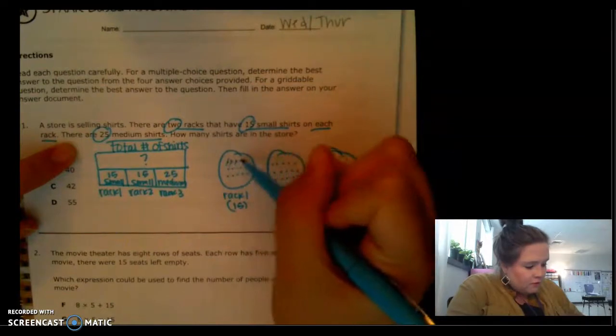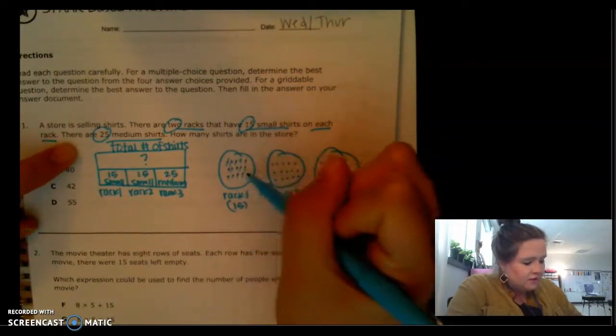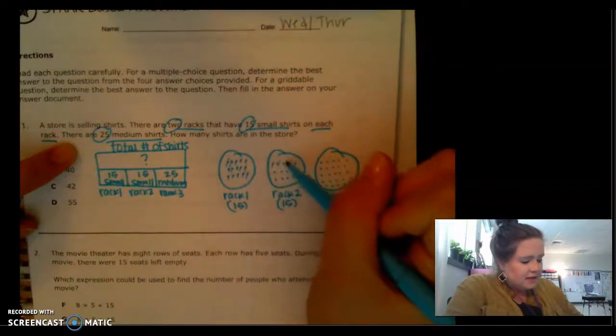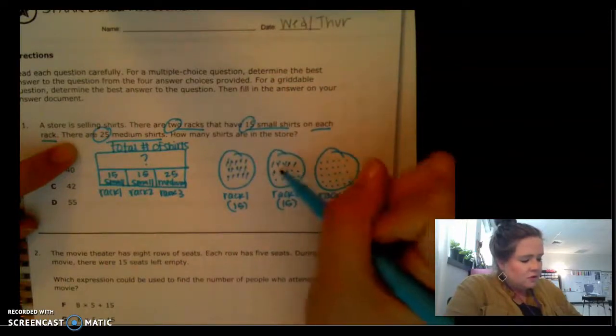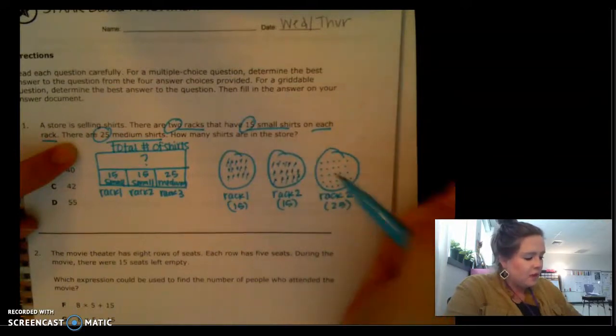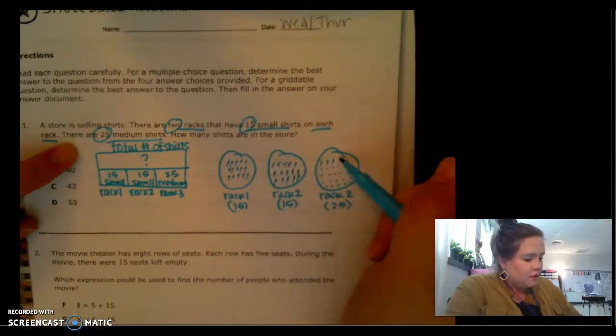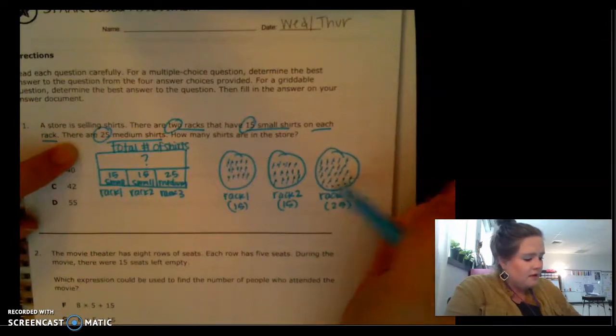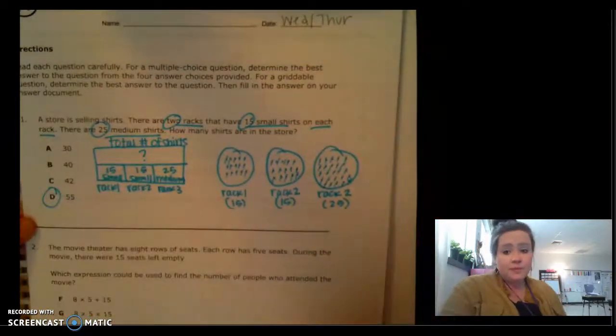1, 2, 3, counting up to 55. There are 55 shirts in the store.